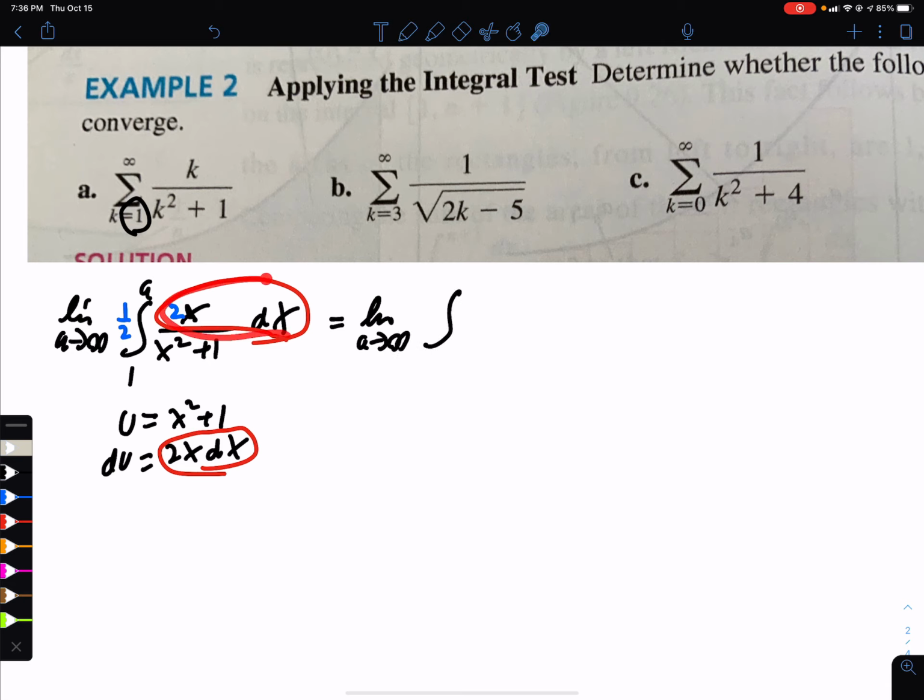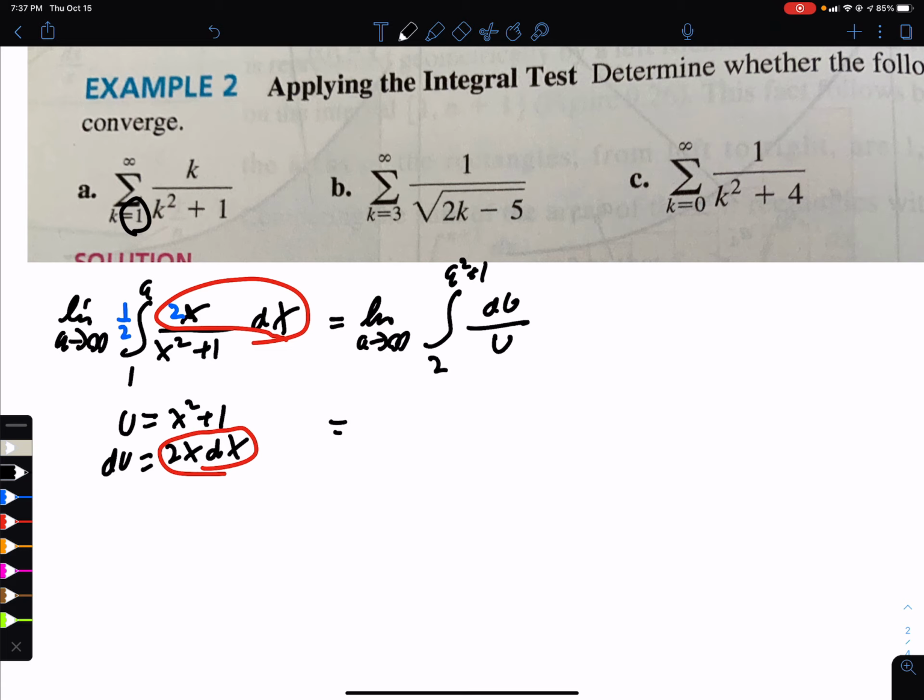This whole top becomes du, and the bottom, we defined it as u. So we have du over u. Now we need to change the limits. If I plug 1 in for x, u comes out to be 2. And if I plug a in, u comes out to be a squared plus 1.